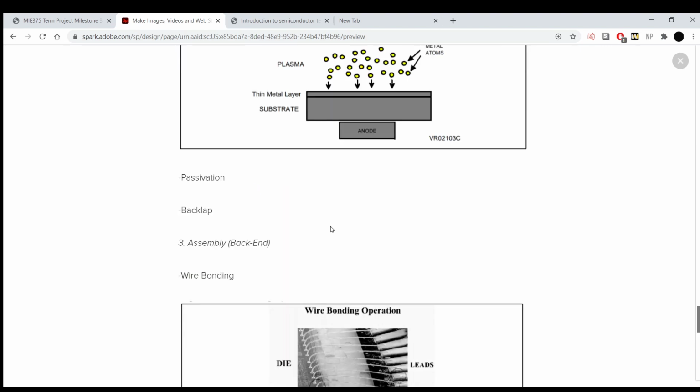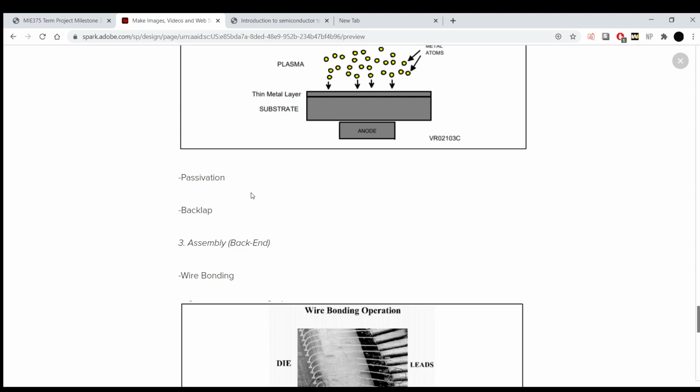Passivation. Passivation is basically the process of sealing the wafer to prevent contamination or moisture entering the wafer and rendering it basically useless, because this is produced in an environment where the air is cleaner, like a million times more than the normal air that we breathe in the real world.